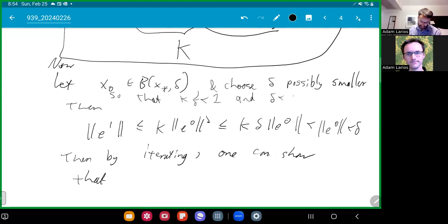Delta itself has to be less than 1. Then that En goes to 0. Sorry, I keep writing superscripts. That should be a 0. This is an E1. Okay. So that shows the proof.